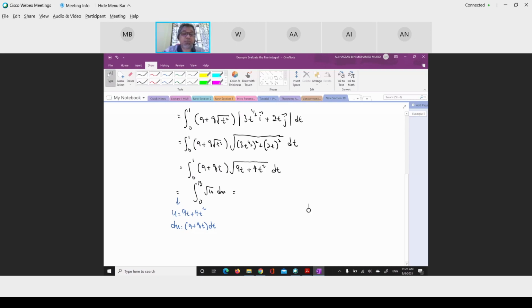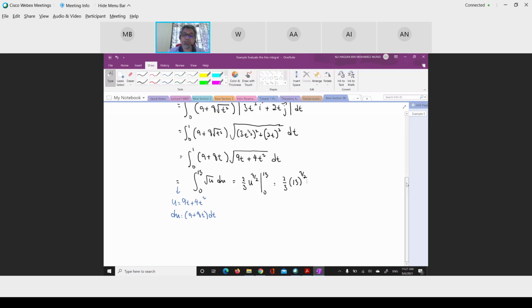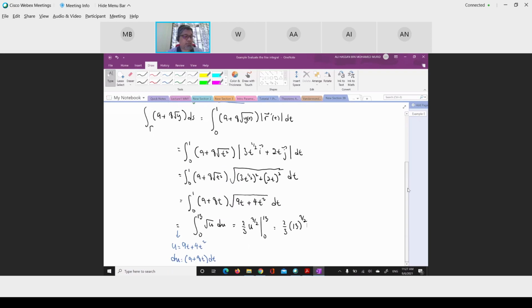Now it is easy to integrate the square root: it is u to the power of 3 over 2 divided by 3 over 2, that's 2/3 u to the power of 3 over 2. Then we substitute the limits and get 2/3 times 13 to the power of 3 over 2. That is the answer. You can leave your answer in that form, or use your calculator to write it in decimal form. So that is one example of evaluating a line integral.